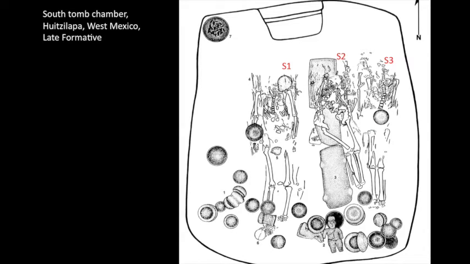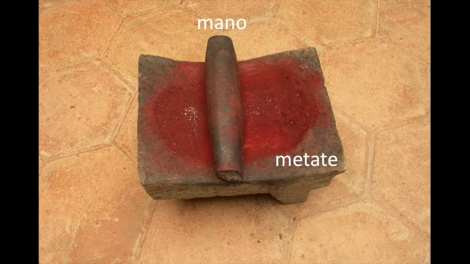Individual S2, a woman, was buried on top of two stone metates. This was another of your key terms for today. The mano and metate is a two-part kitchen implement made out of stone. The stone mano is like a rolling pin, and it is rolled back and forth on top of the stone metate below.